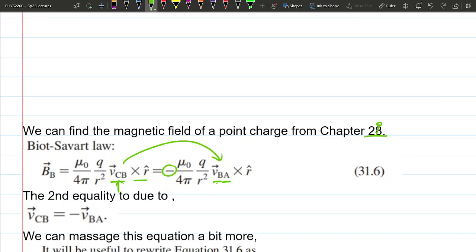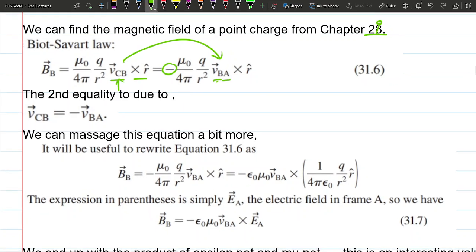We're going to massage this a little bit. Don't worry, you don't have to know how; you can read how it's done, but it's a particular method to get the equation that we want.